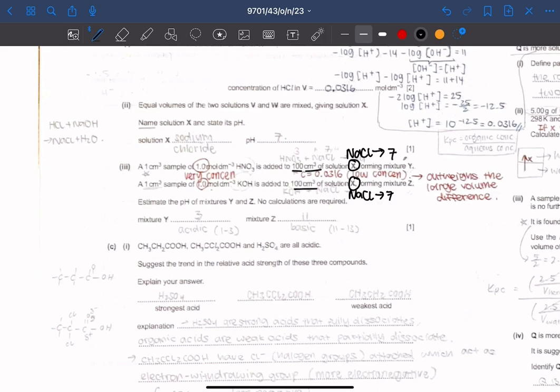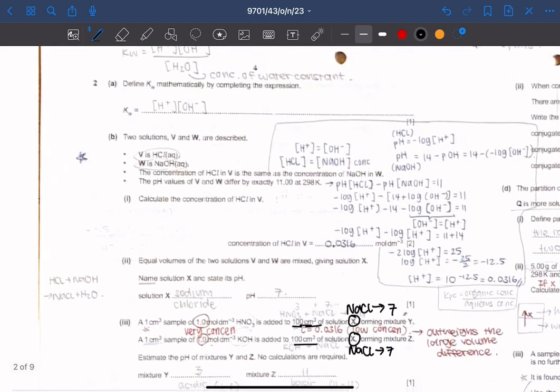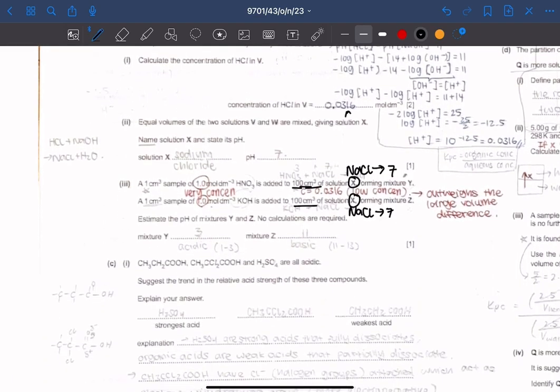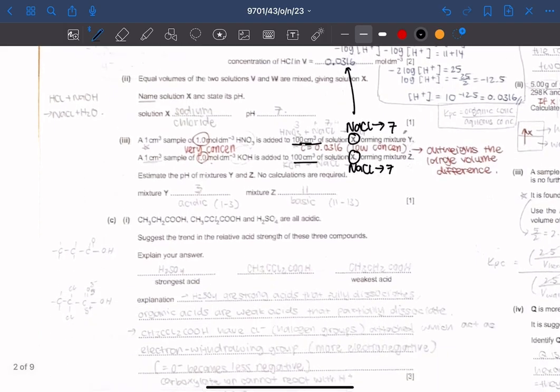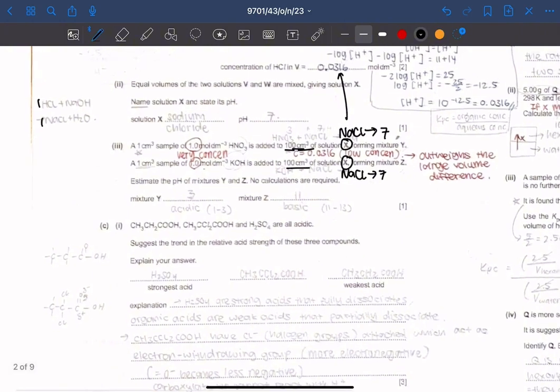And then a very large volume of NaCl is actually added. But remember that NaCl just now has a very low concentration of 0.0316 mole per dm cube, because HCl to NaCl is a 1-to-1 ratio here. So it also has a concentration of 0.0316, which is very low compared to the very highly concentrated HNO3, which is acidic.